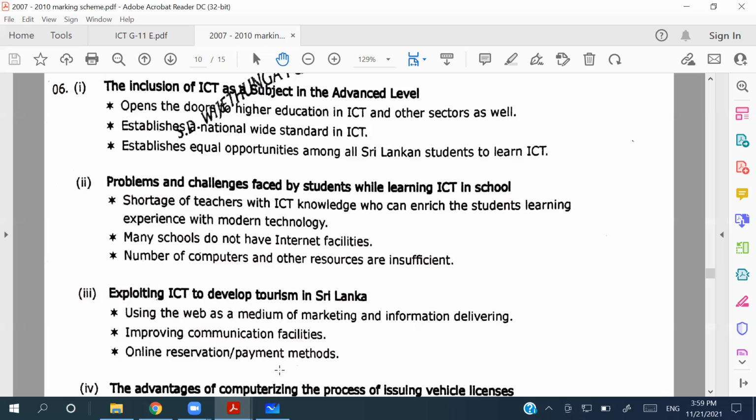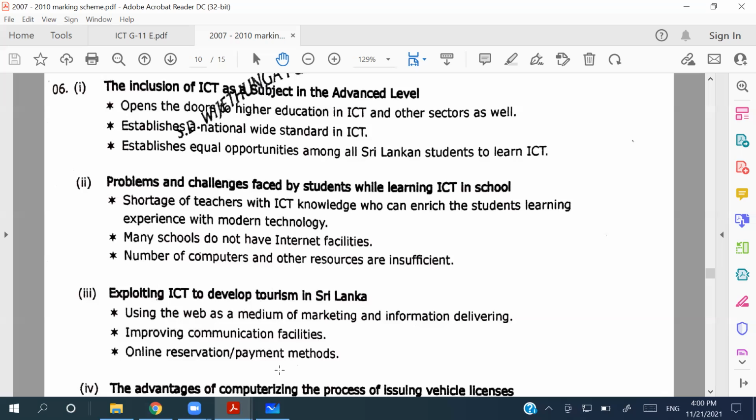Improving communication facilities, yeah. It depends on many different cases, starting from booking a ticket to the reservation of particular hotels and all these things. Now all things are related to the internet, so it's better they have improved communication facilities, right?